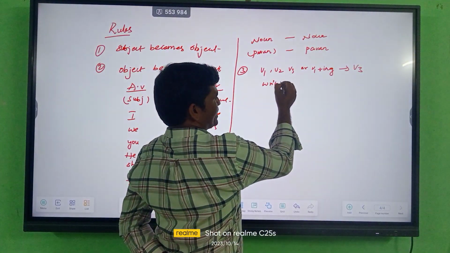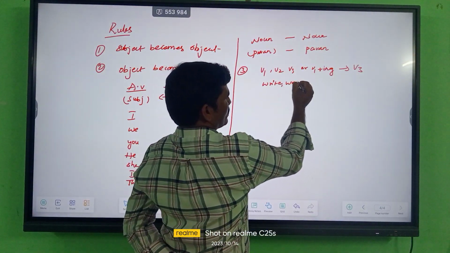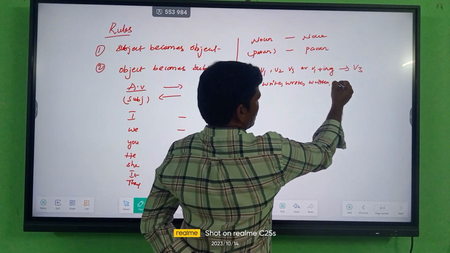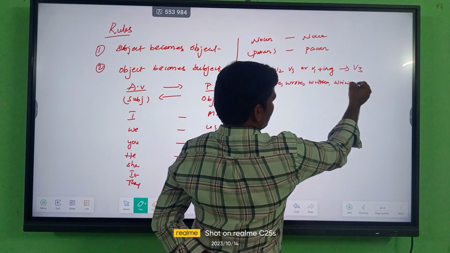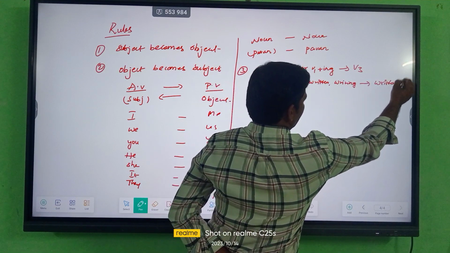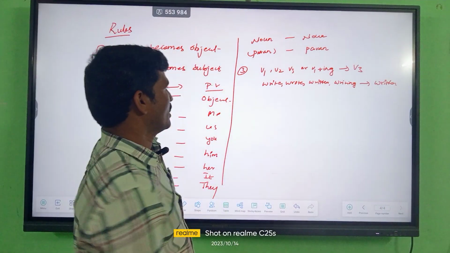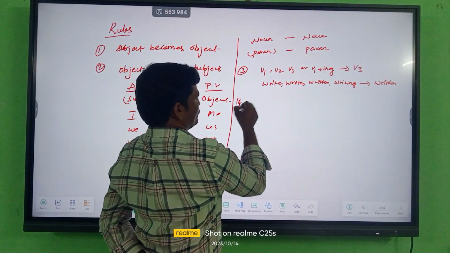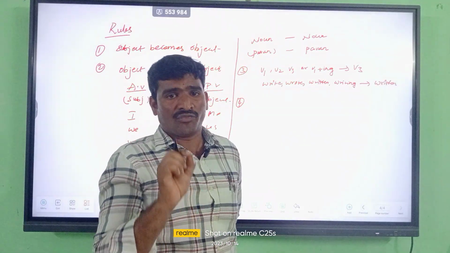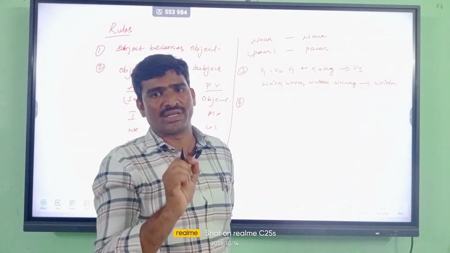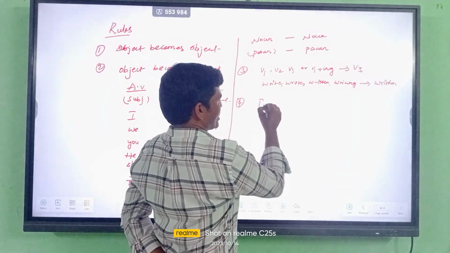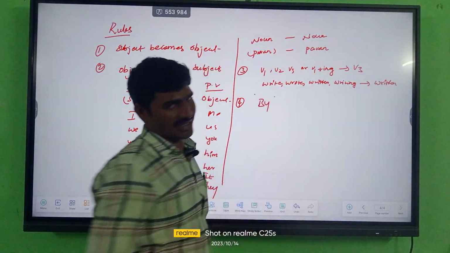Example: write, wrote, written, writing becomes written in the passive voice. Next, rule number 4: the preposition by should be added after the past participle form V3 or before the object in the passive voice.